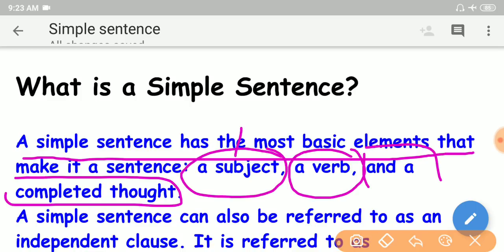So apart from this, there might be more, but if you want to call a sentence a simple sentence, there must be one subject, at the same time one verb, my dear friends. Subject and predicate must be there. At the same time, that sentence should give complete thought. Then we can call it a simple sentence. About this, we are going to learn through formula a little bit later, my dear friends.